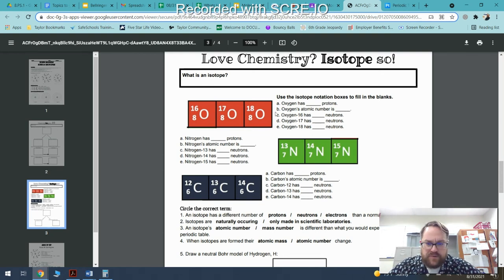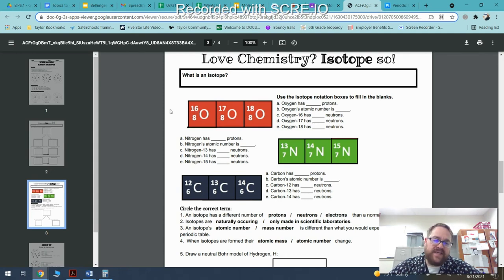So let's go through the first one here. We have 16 up here. This is actually notation for an isotope, okay? Normally, when you look at a periodic table, you're going to find the atomic number up here on this side. But when you are doing notation for an isotope, you actually put the atomic mass up here and the atomic number right here to the left. Okay? So this means that the atomic mass is 16.